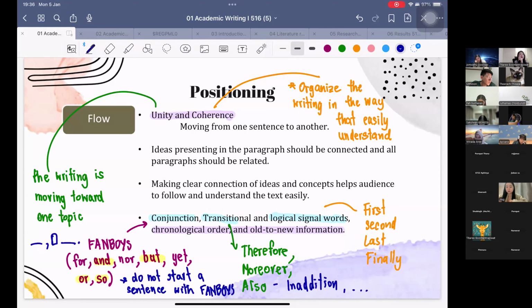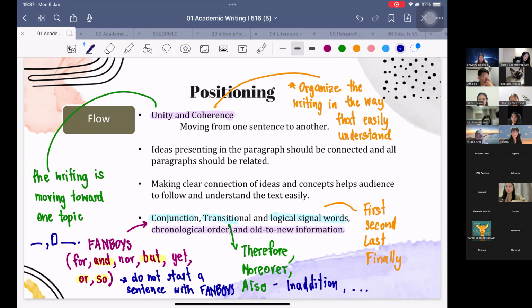Another connector you can use, when you need to organize your information from time to time, is a logical signal word. Logical signal words are words like first, second, third, last. Technically, when you deliver information that connects together, like a list or a choice of something, you can use first, second, last to connect your information.